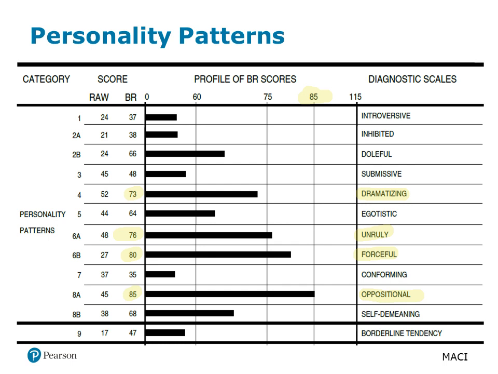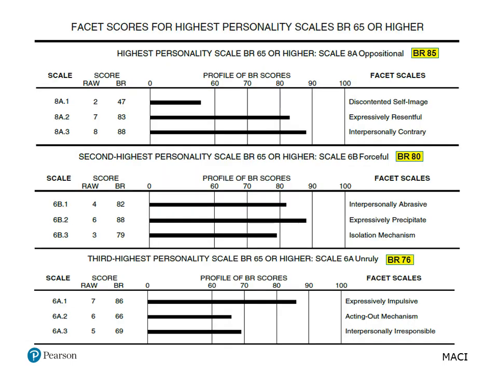And even when we assign a diagnostic label to an adolescent, we understand that these diagnostic labels tend to be less stable for adolescents than they are for adults. But certainly you could think about these elevations. This would be the configuration, oppositional and forceful, with unruly and dramatizing personality features.